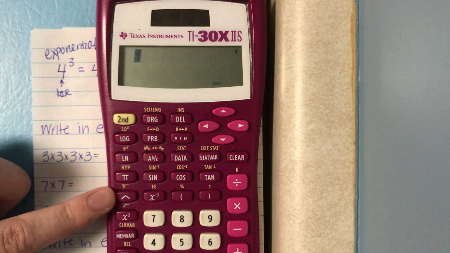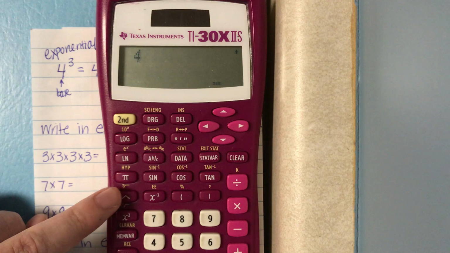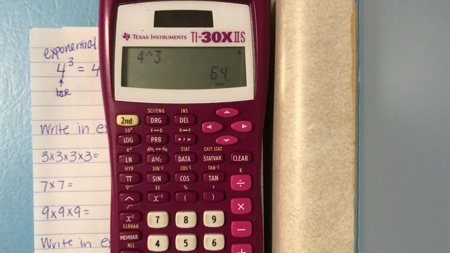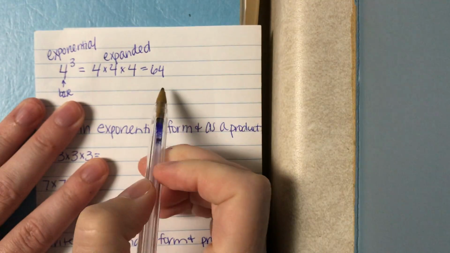Okay, so my base number is 4, and then I'm going to press that caret key, that arrow going up, and then to the third power, so I'm just going to press 3. So 4 to the third power, 4 times 4 times 4, and my answer is going to be 64. So 64 is the third way that I could write this.